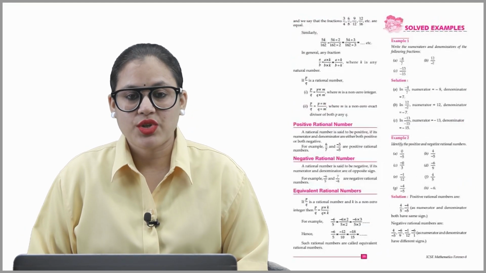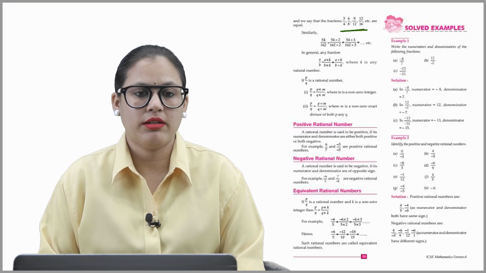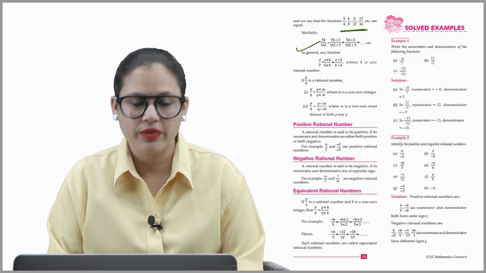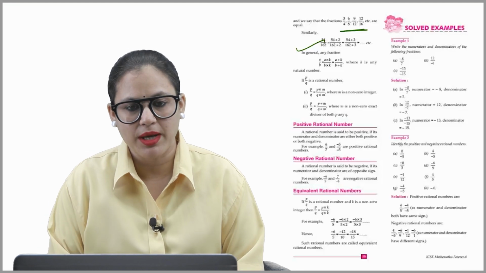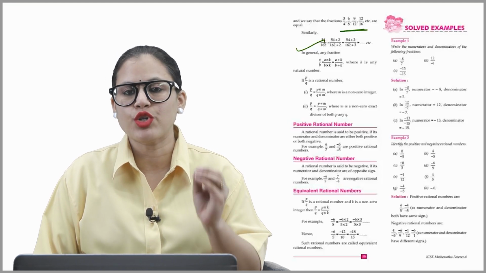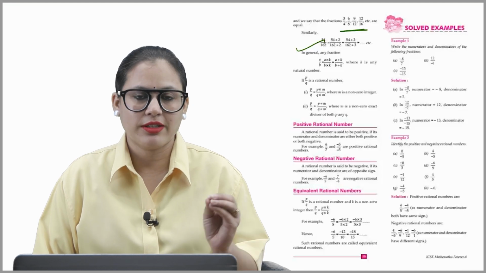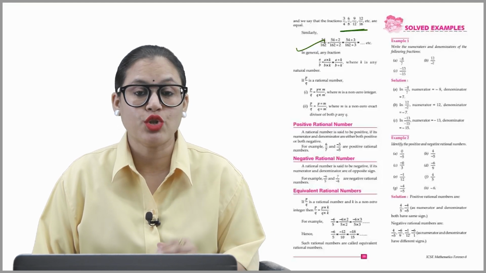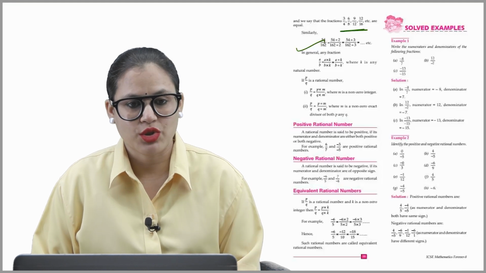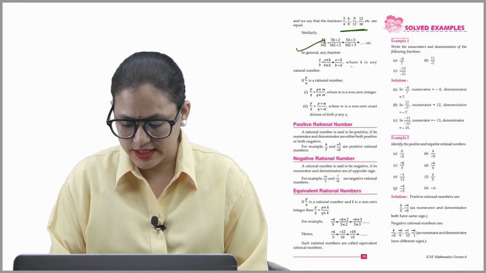And we say that these fractions are equal. Similarly, these fractions are also equivalent. So, in general, any fraction a by b is equal to a into k upon b into k, meaning we should multiply numerator and denominator by the same digit, or we should divide numerator and denominator by the same digit. Here k is any natural number.